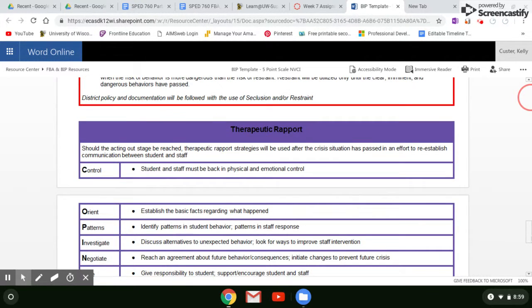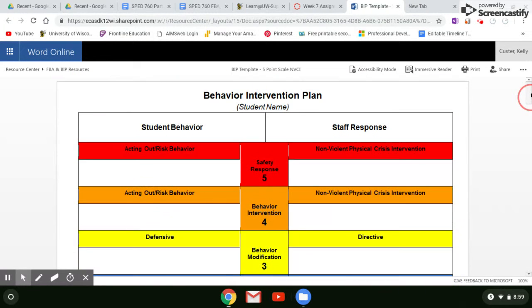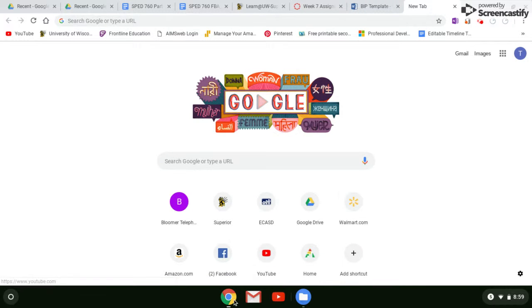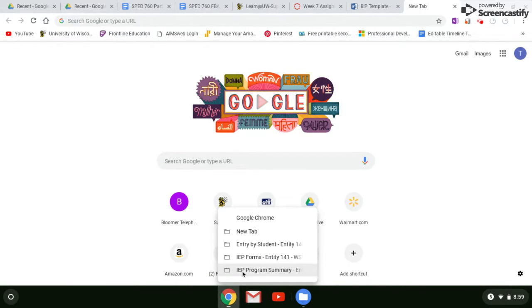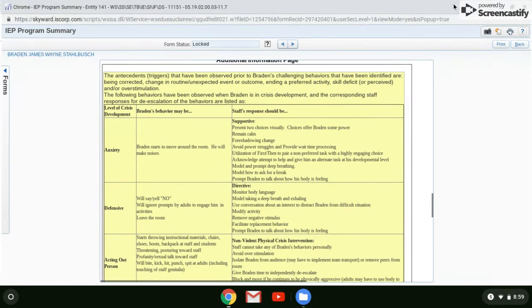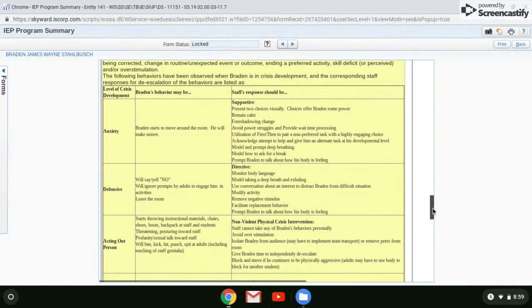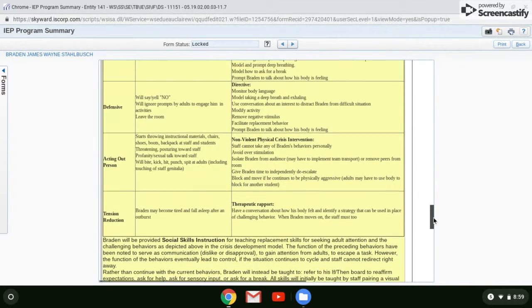This is our general format, and then I will show you what I have done here as my student that I have talked about throughout this course. This is his behavior plan.